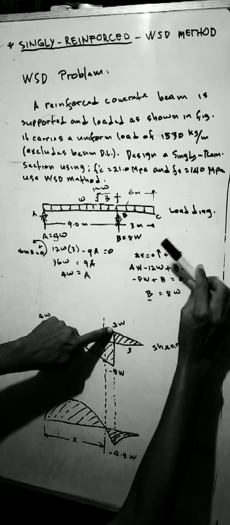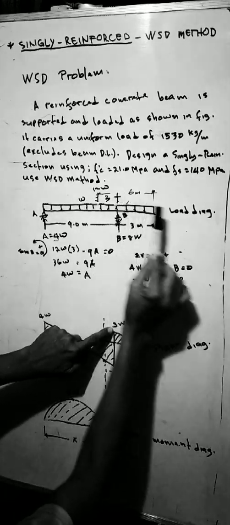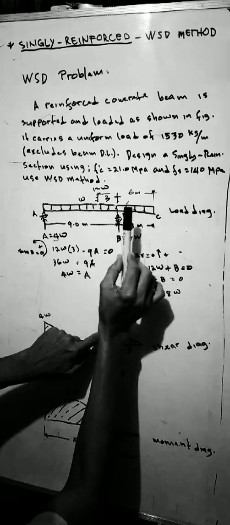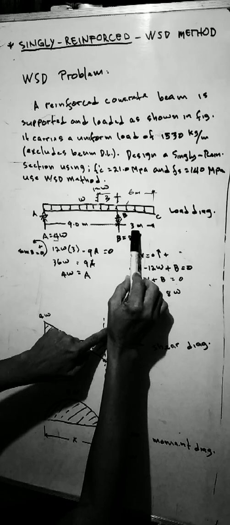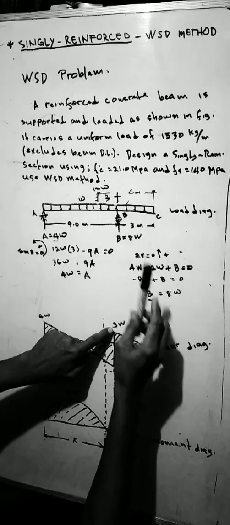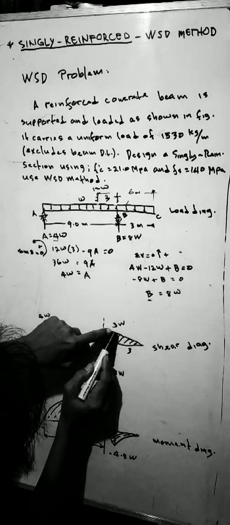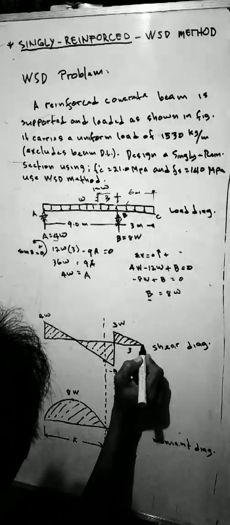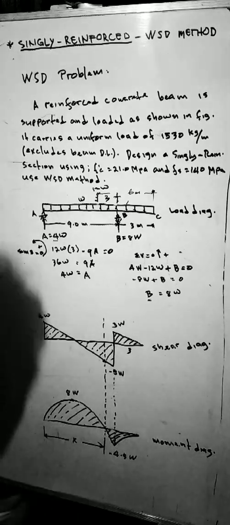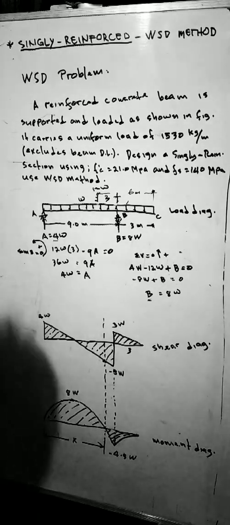And the portion of the beam from here up to here, the overhang, is 3. 3 times W is 3W, negative. So from here up to here, this is closed, meaning our computation is correct. Okay.